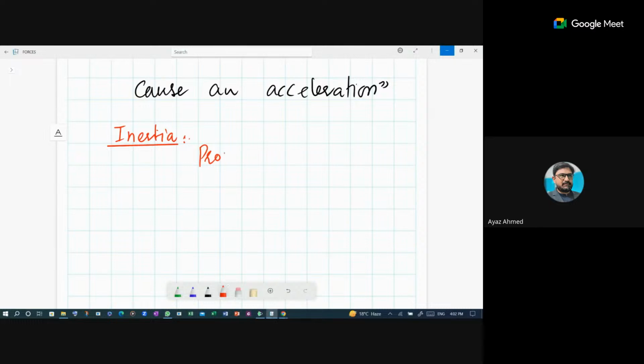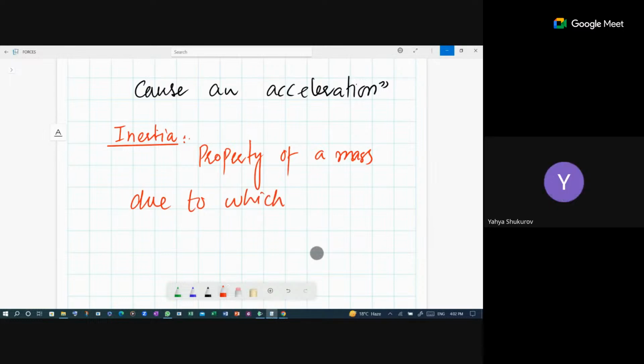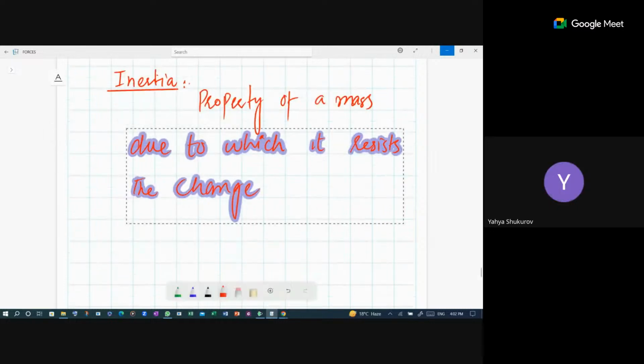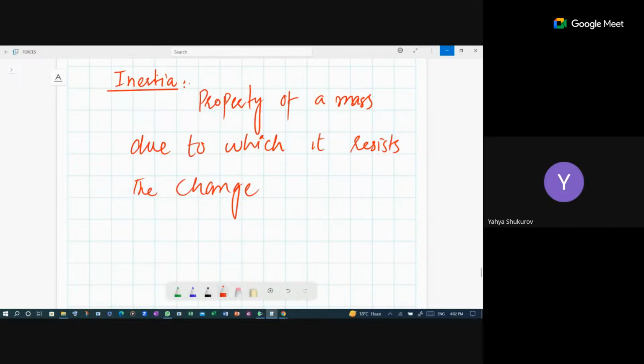This is basically the property of a mass due to which it opposes or resists the change in its pre-existing state.